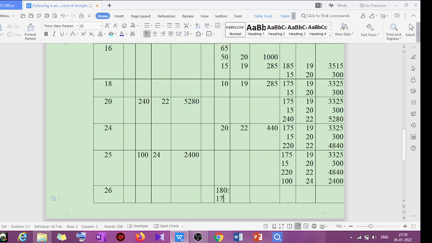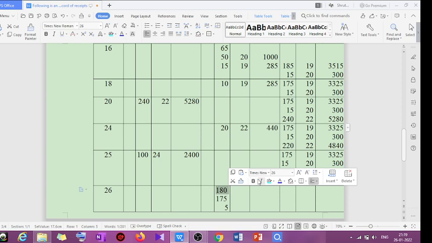First, from the first slot you have to give 175. Then from the second slot how much we have to give? 5 units, right? Okay, 180: from the first slot 175. Still how much we require? We have to give 5. That is from the second slot.